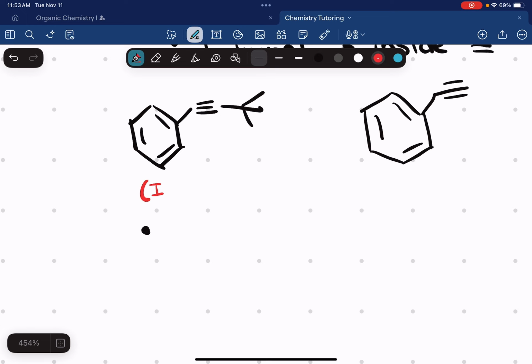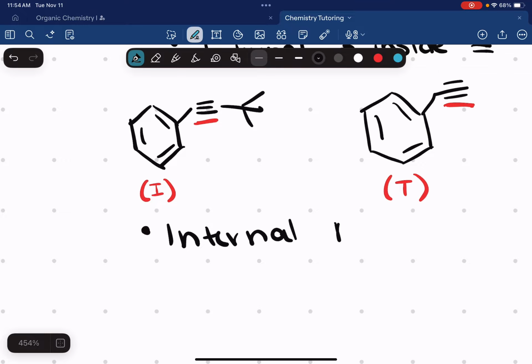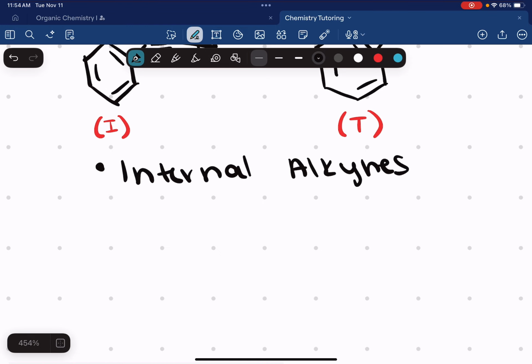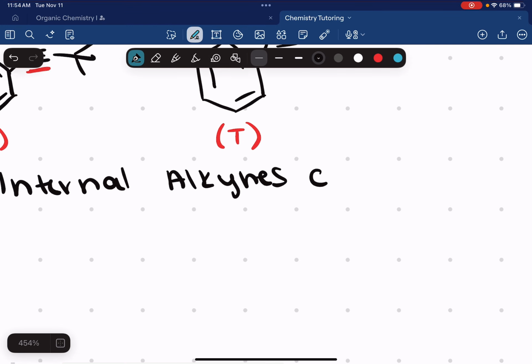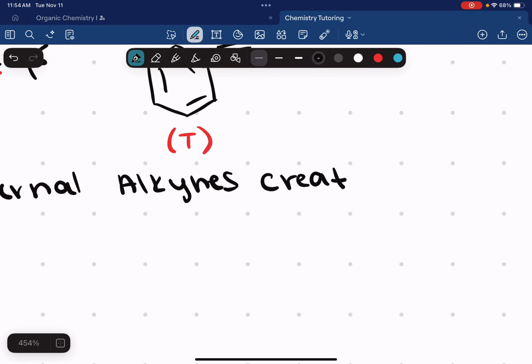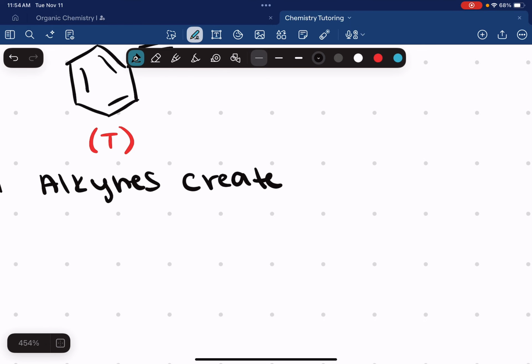This is internal. This is terminal. It's on the inside, outside. Internal alkynes. So this is more about making alkynes. You guys aren't really breaking them right now. Internal alkynes are created when there is two equivalents of base used.